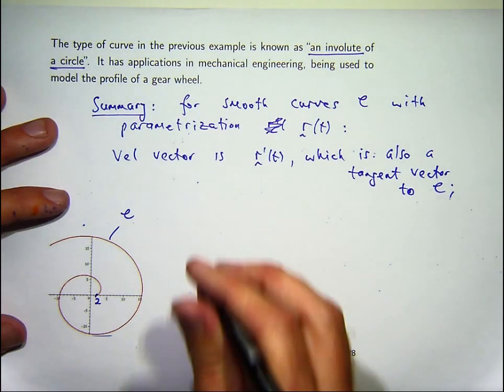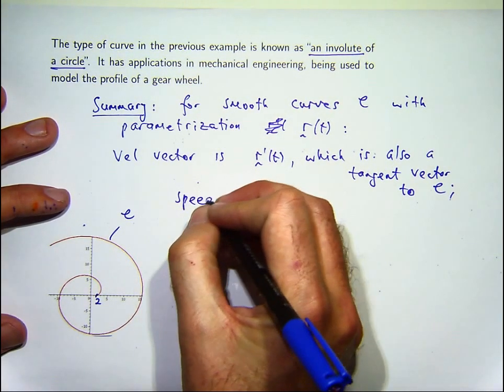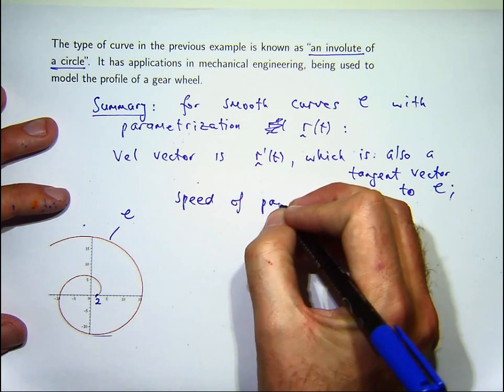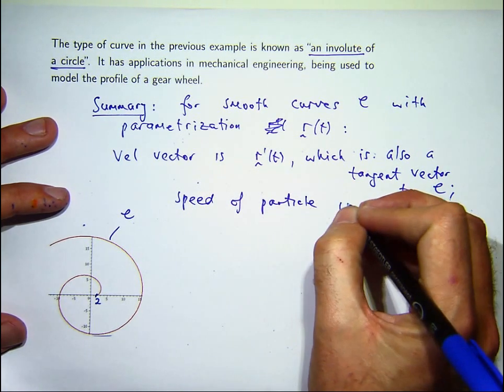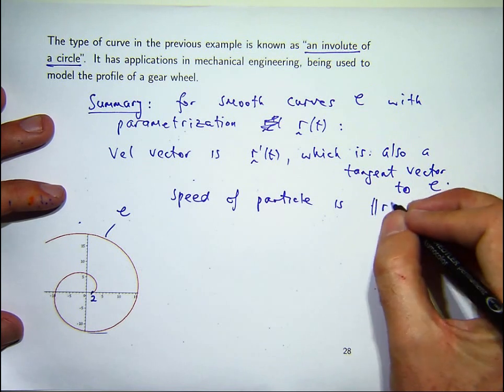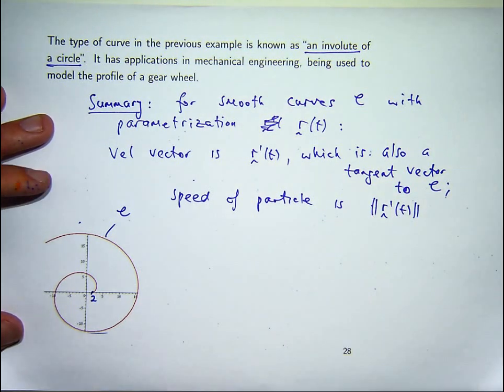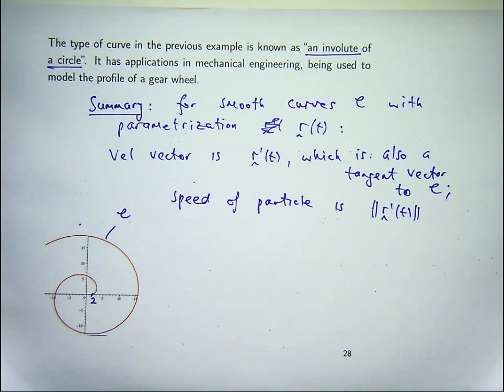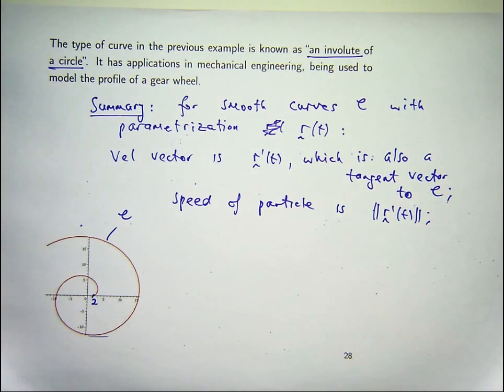Secondly, speed is just the magnitude of this derivative vector R dash. Now, I won't write this down, but for limits of vector functions, you take the limits in a component-wise fashion.